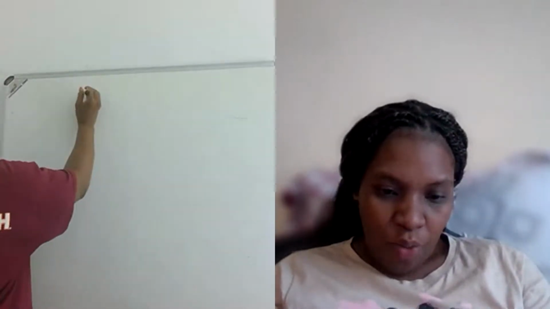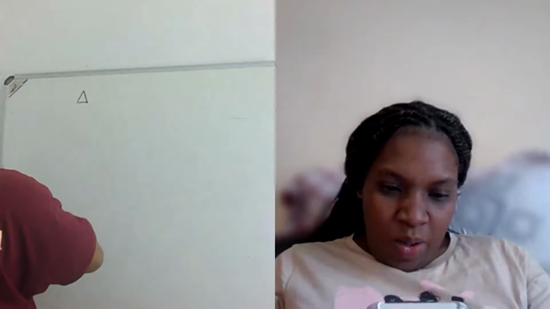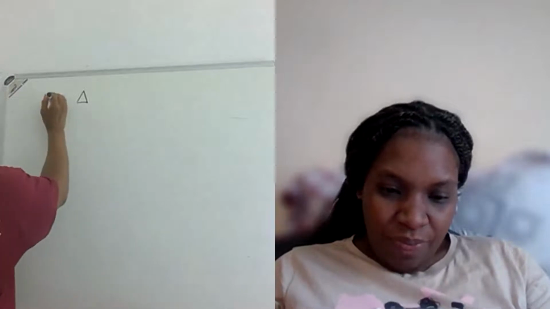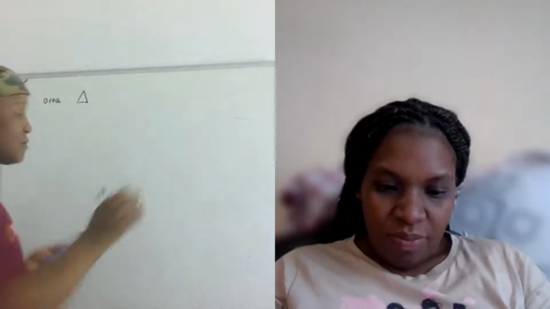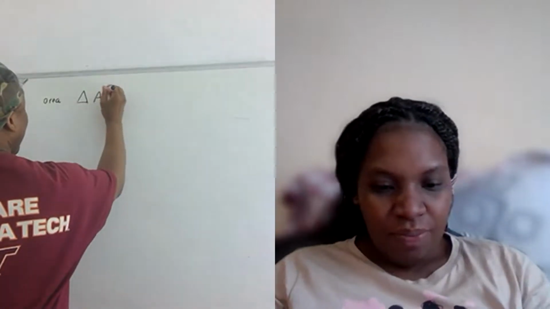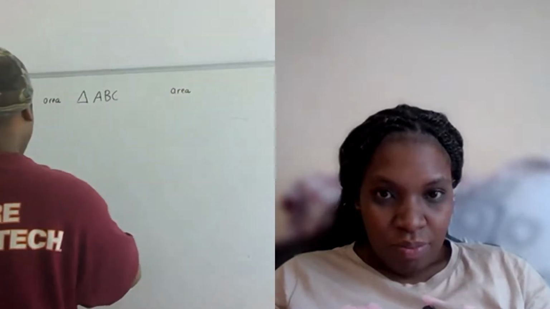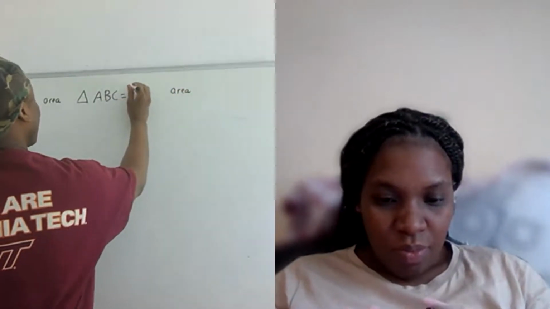Okay, so in this question they say the area of a triangle. Some people might not see the question, but here we're going to write: the area of a triangle ABC equal to what?